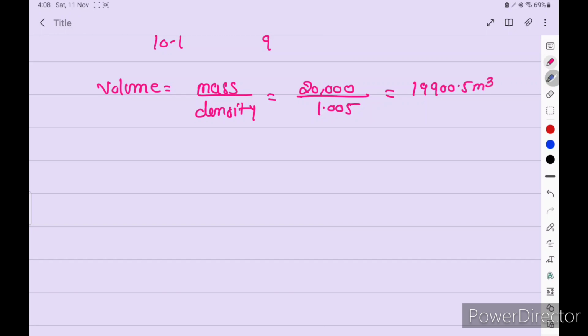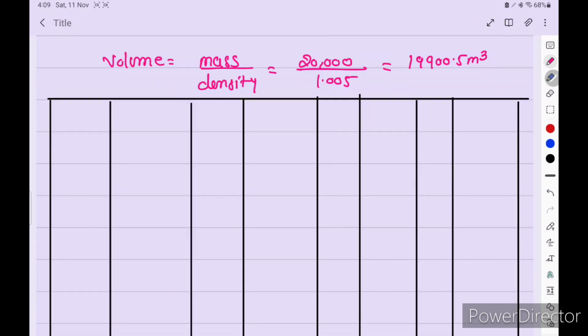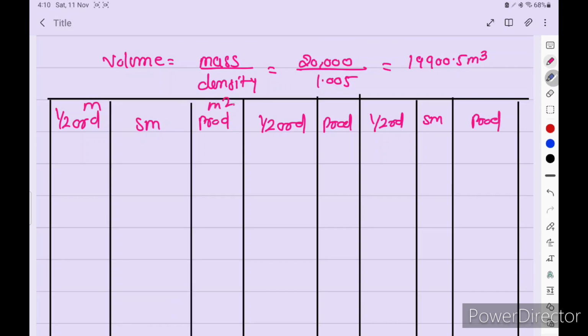Now we'll make the table. Half ordinates, system multiplier, product, half ordinates, product, half ordinates, sum and product. So this is M, this is M square, this is M3 and this is M4. So what are the ordinates given?